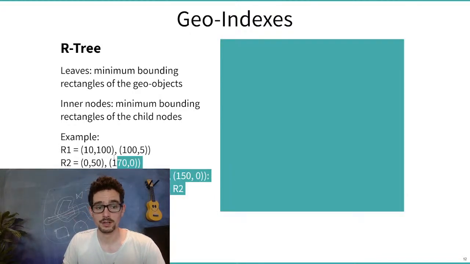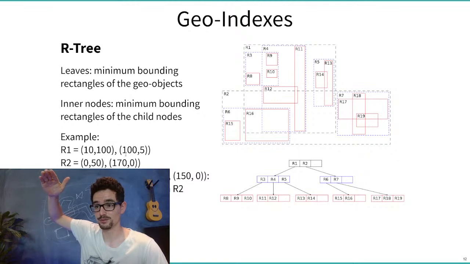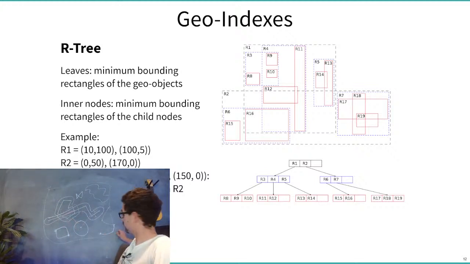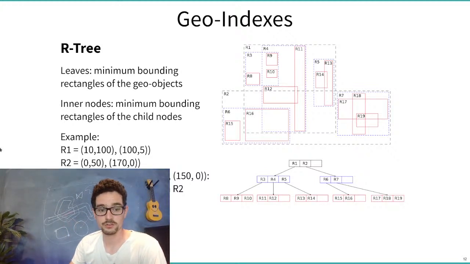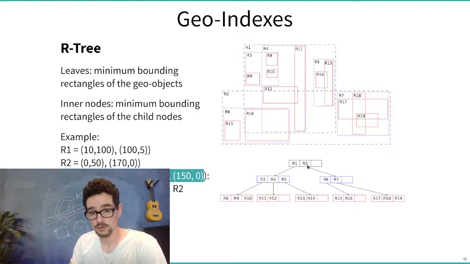For example, let's say we have one rectangle 10, 100, 105, and then we have 0, 50 and 170, 0, and we want to find in this rectangle here. And when in the root node there is one which does not overlap with our search. For example, this rectangle 1 does not overlap with that one.